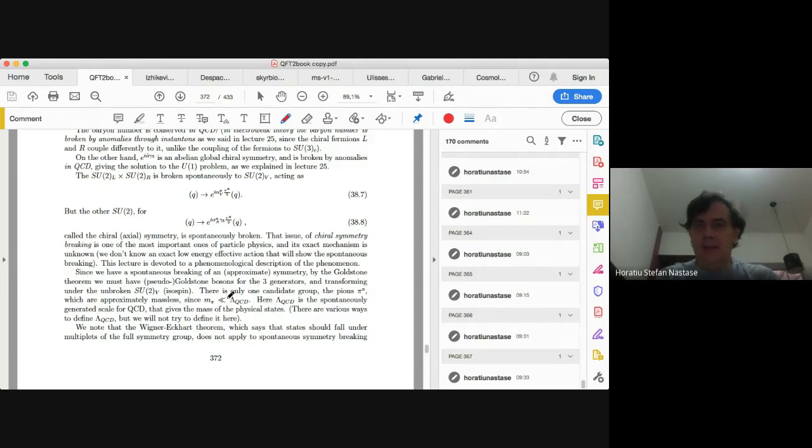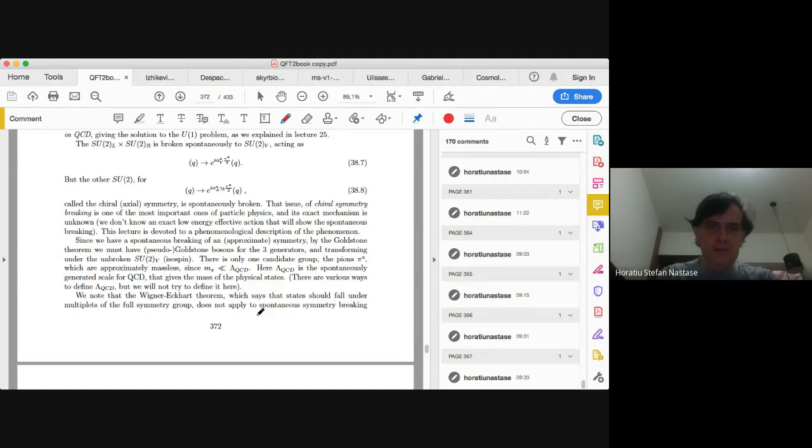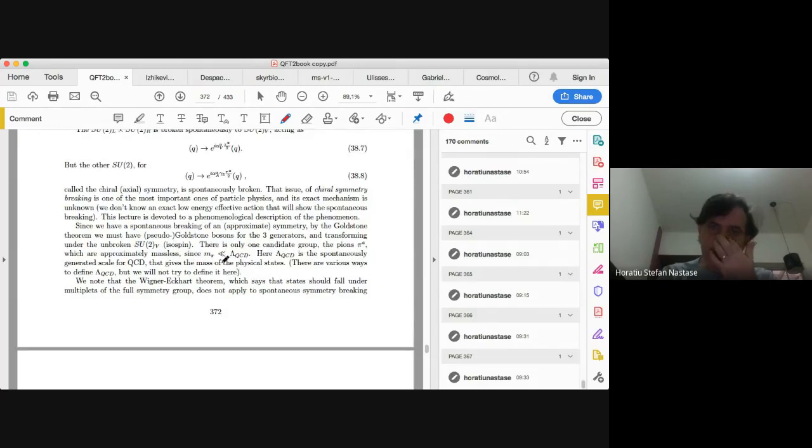Now, what exactly lambda QCD is, there are various ways to define it, but we'll not try to define it here. One possible way is to say it's the mass of the proton and neutron, which is about the same, right? About one GeV.